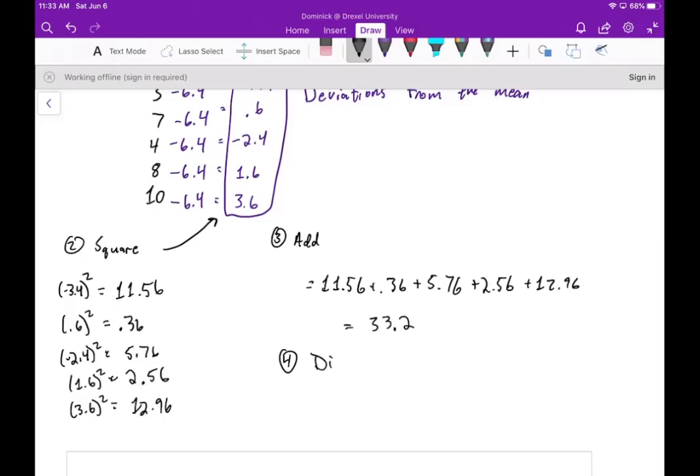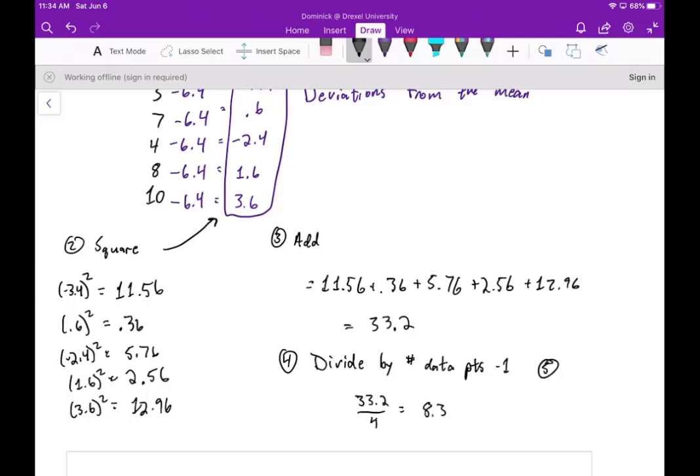Then next we divide this by the number of data points minus 1. So we have 5 data points, so I need to divide this by 4. And that would give me 8.3.